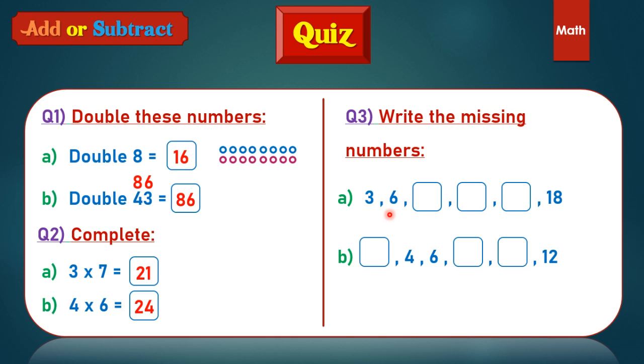Okay. Count after 3 in your fingers to get 6. After 3, 4, 5, 6. So I counted 3 times. So every time I'll add 3. So it's like counting by 3. So 6 plus 3, count 7, 8, 9.